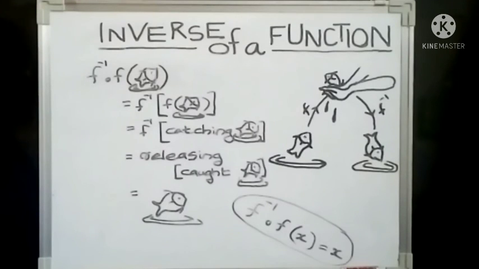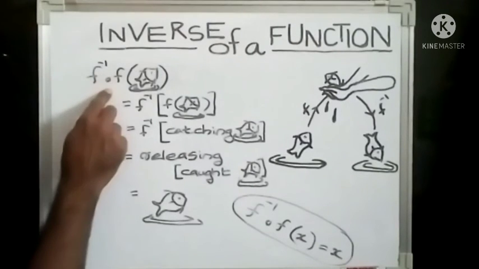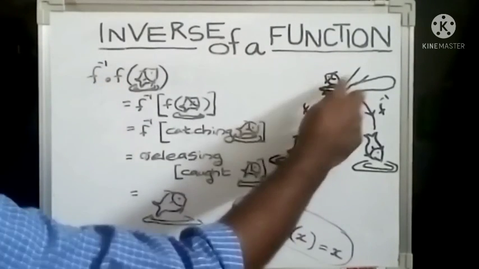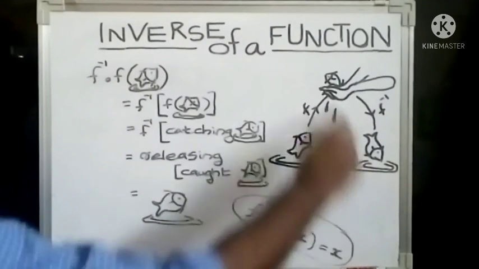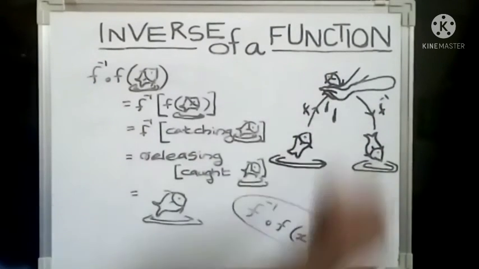I am going to explain it using the nursery rhyme, if you are interested, just as a motivation. f is the function of catching the fish in the water and f inverse is releasing the fish.